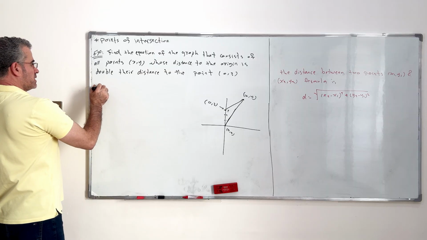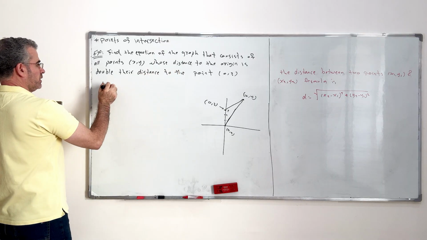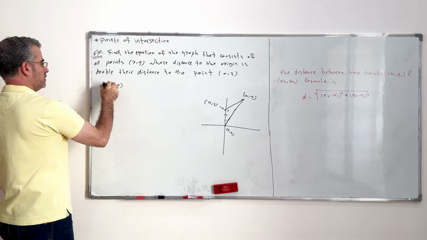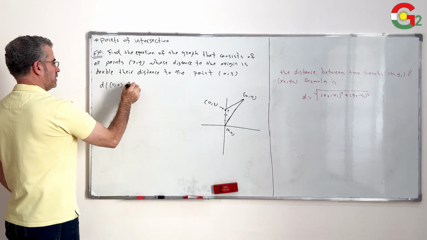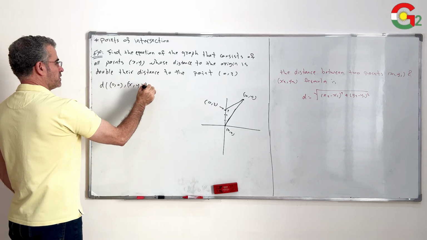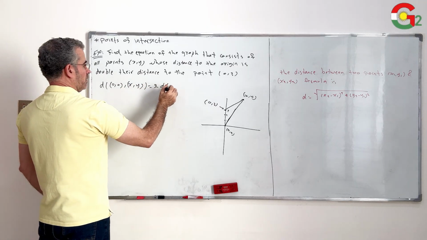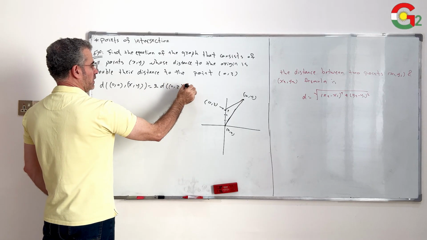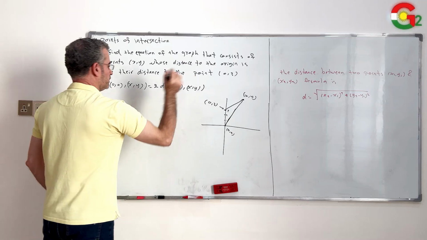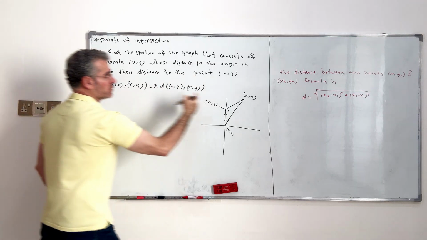The distance between the origin point 0, 0 and x, y is double the distance between 0, 3 and x, y.